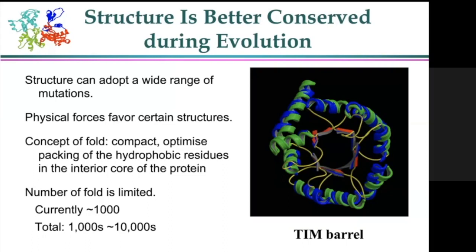Some people say maybe thousands of folds. Some say it could be tens of thousands of folds. But compared to possible sequences, it is definitely a much smaller number. Even compared to sequence families, this is also much smaller.